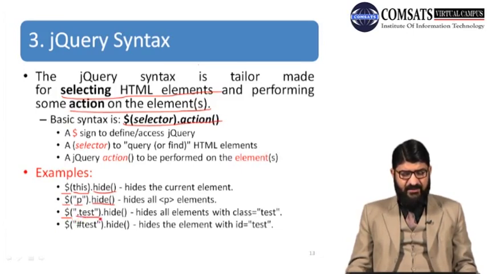Then .test is mentioned, which is basically a class that is referred to. Again it is hidden, so it will hide all the elements with the class name test. Similarly, in the end, $ sign, and then #test is mentioned, and then the action is .hide. So all the elements with ID test will be selected and then hidden by the hide method.